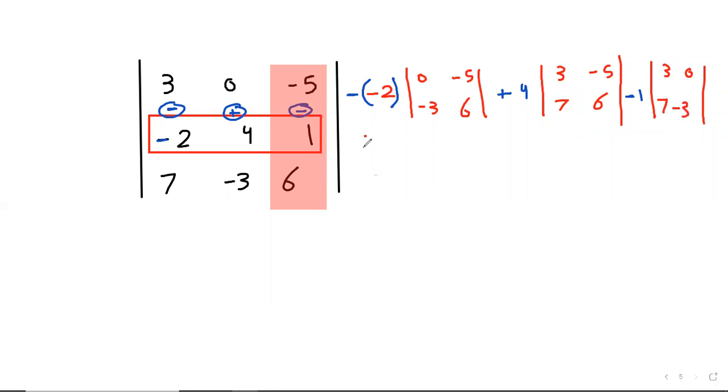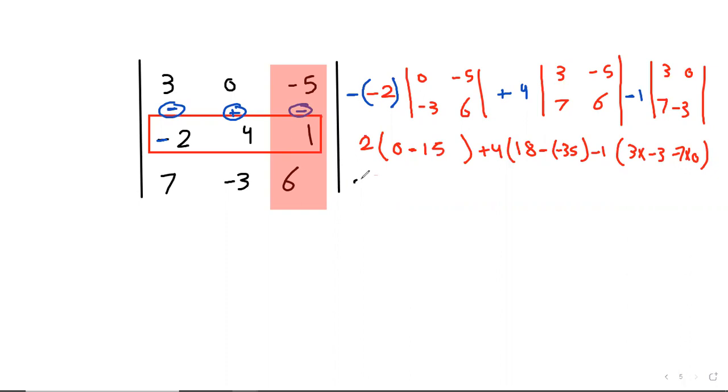Then negative times -2, it's 2, multiplied by 0 times 6 is 0, minus -3 times -5, it's 15, minus 15, plus 4 multiplied by 3 times 6, it's 18, minus 7 times 5 is 35, minus 1 multiplied by 3 times -3, minus 7 times 0.